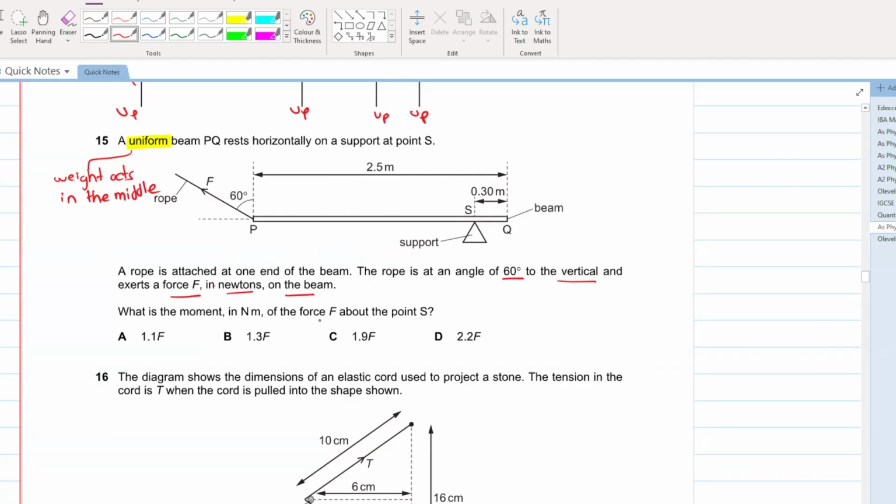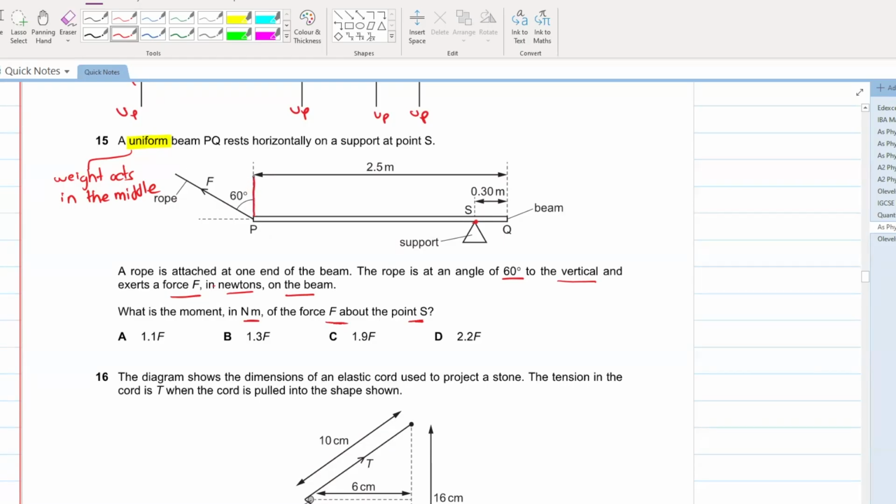What is the moment in newton meters of the force F about the pivot S? We have to calculate the moment that this force generates about the point S. First of all, what will you do? You will resolve the force.